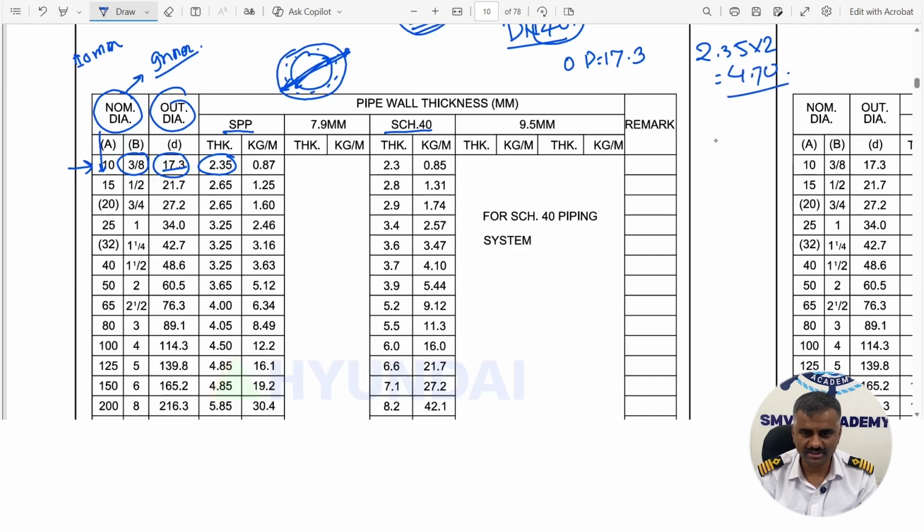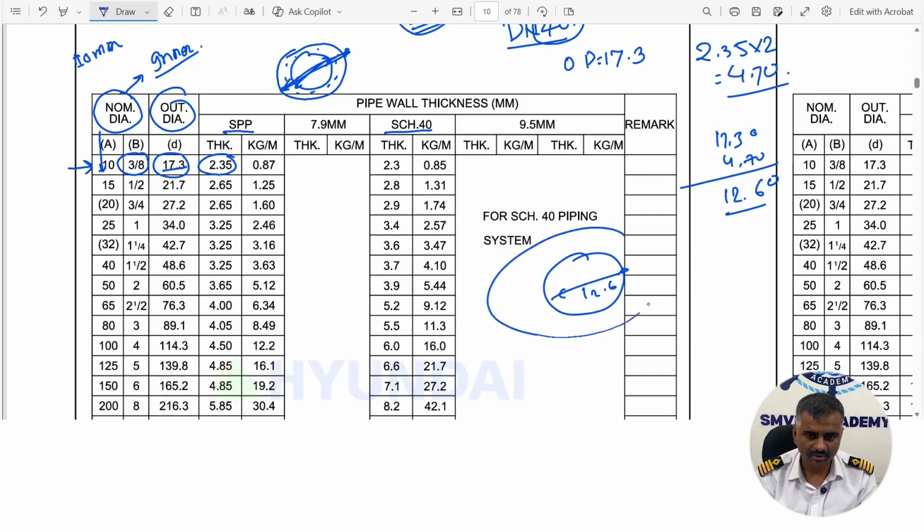If you reduce this from the OD, 17.3 minus 4.70, it will come to be 12.6. So inner dia is 12.6, outer dia is 17.3. Where does 10 exist? It does not exist anywhere.